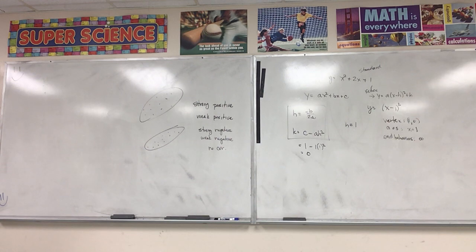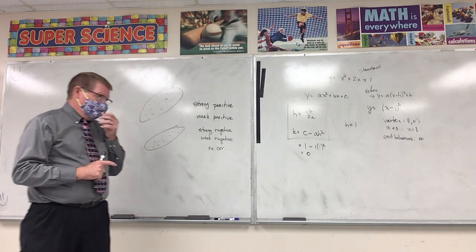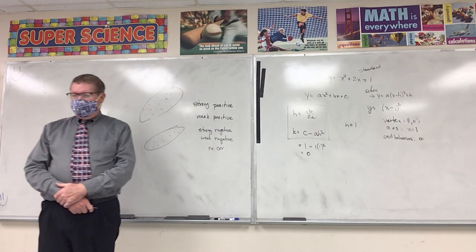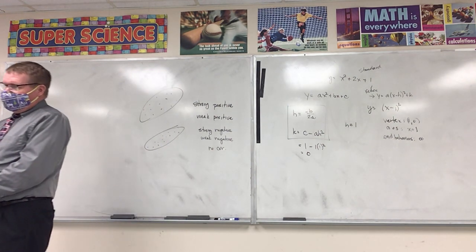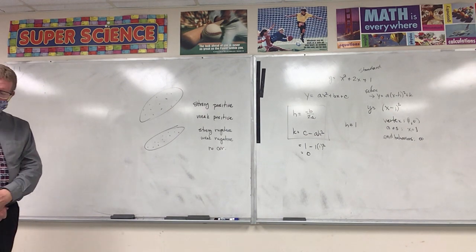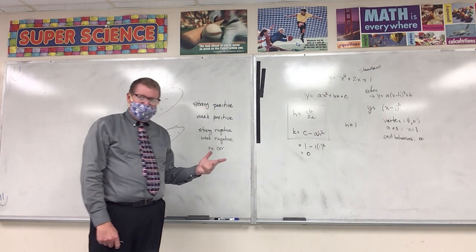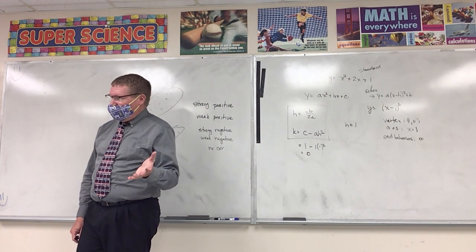Number 50, what does my window need to be here to get all these points in my window? Do I see any negative numbers? No. So I don't even need negative numbers in my window.